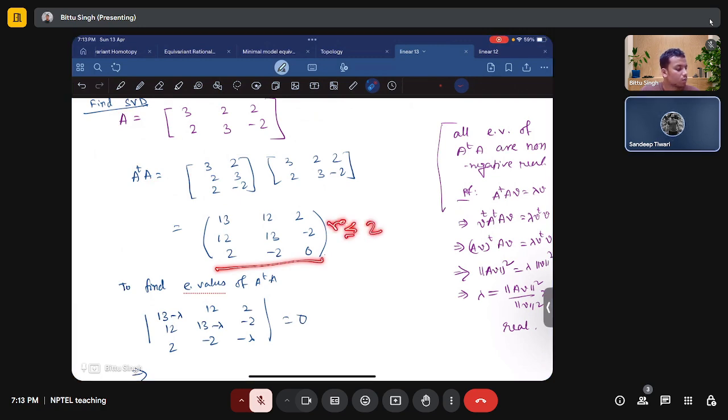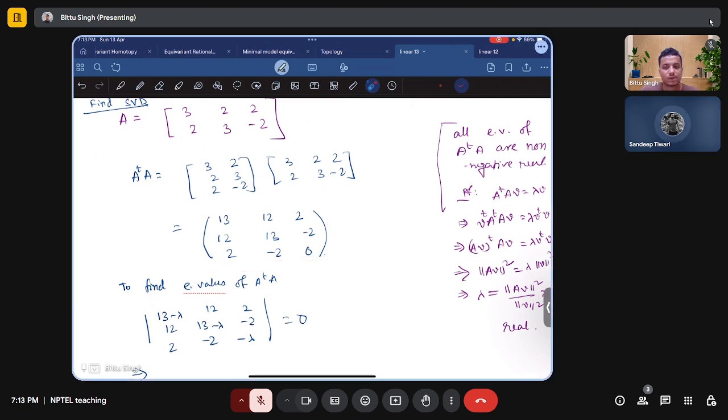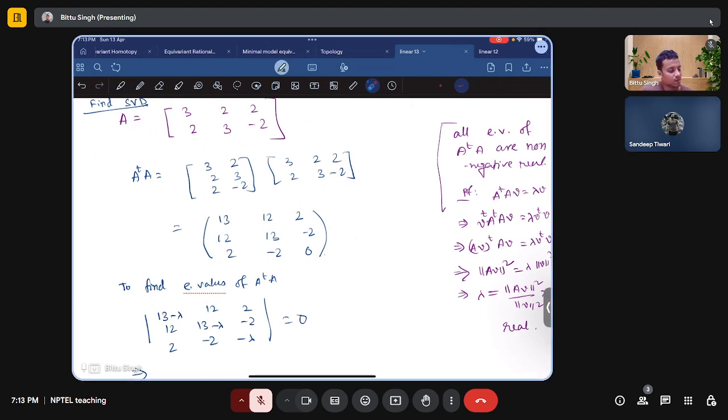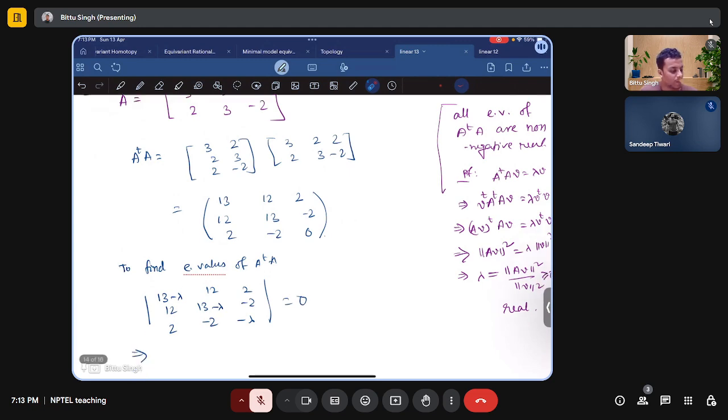Sir, instead of finding eigenvalues of A transpose A, we should find eigenvalues of A A transpose, because in that case we have to find the eigenvalues of a 2 by 2 matrix. Yes, what you are saying is a better approach.